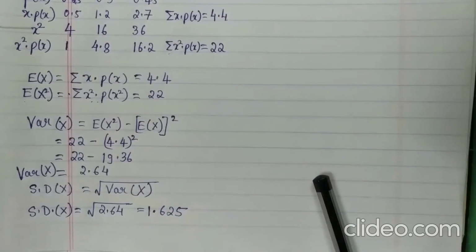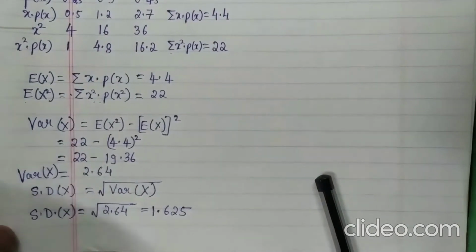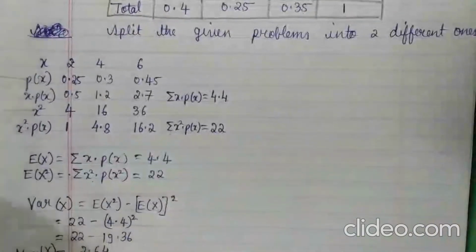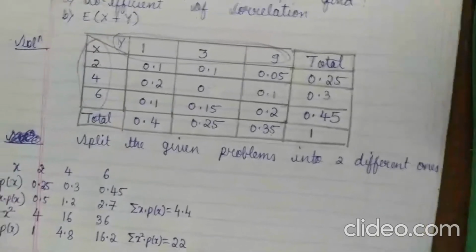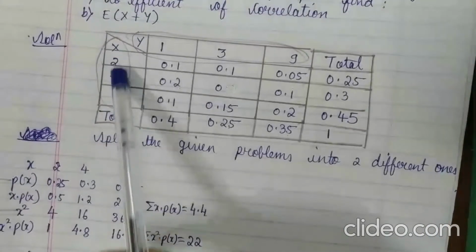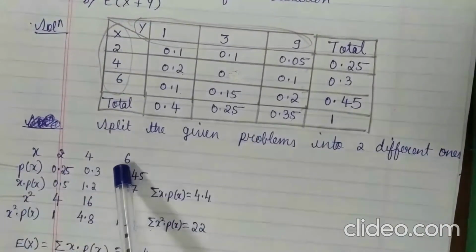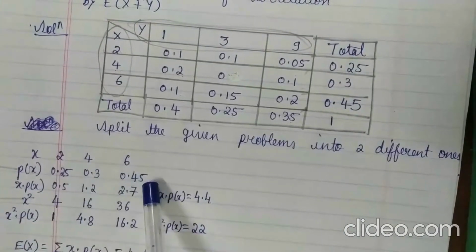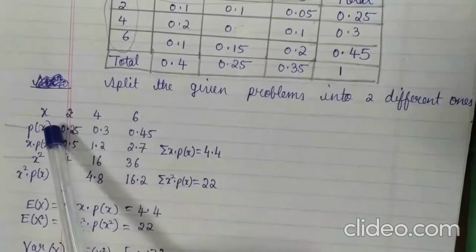So this is like a 5-mark problem that we have solved. First, we split the given problem. We have taken only x values and corresponding probabilities, and we have found out x into p of x.